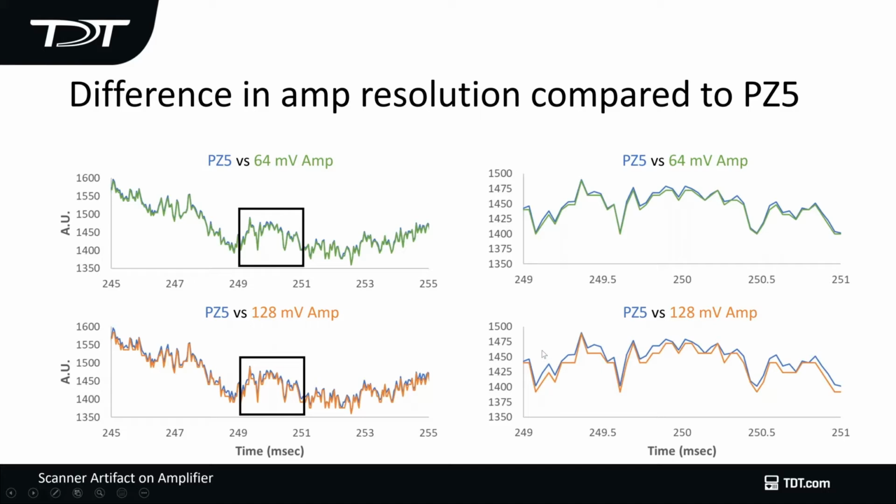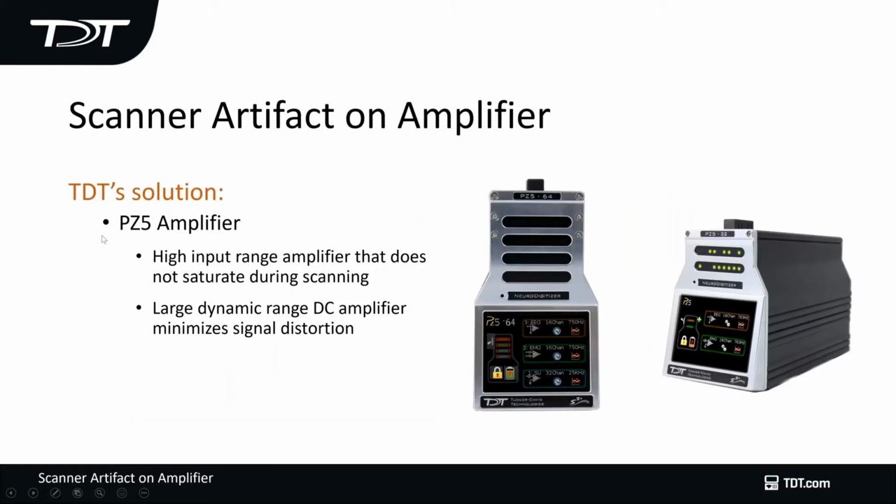So signal resolution and dynamic range become very important as you increase your input range. And so what TDT has done is provided an amplifier that has a high input range, that does not saturate during scanning, and also has a large dynamic range with a DC amplifier to minimize signal distortion.